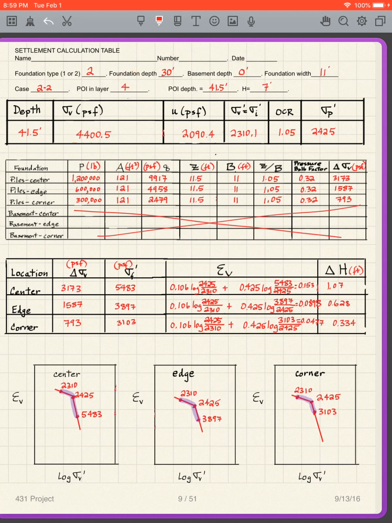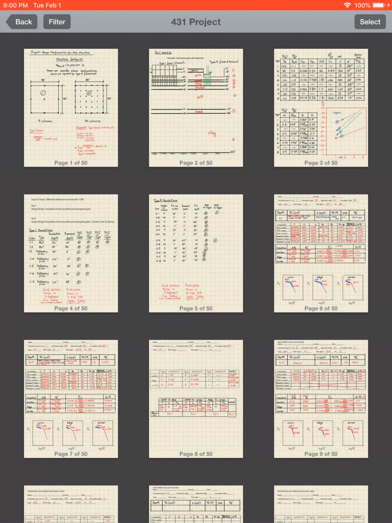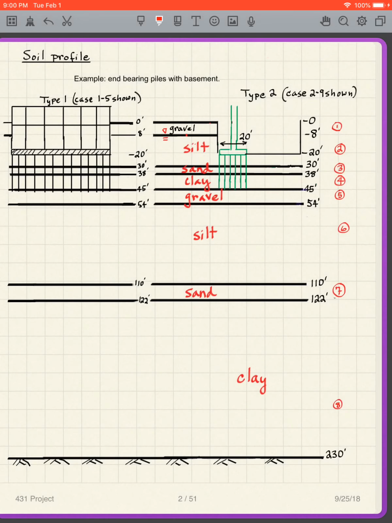Why am I only going to look at layer 4? Well, because the foundation width is 11. If you remember, our foundation depth is 30, so our pile cap goes like that, and then this distance is only 11 feet.